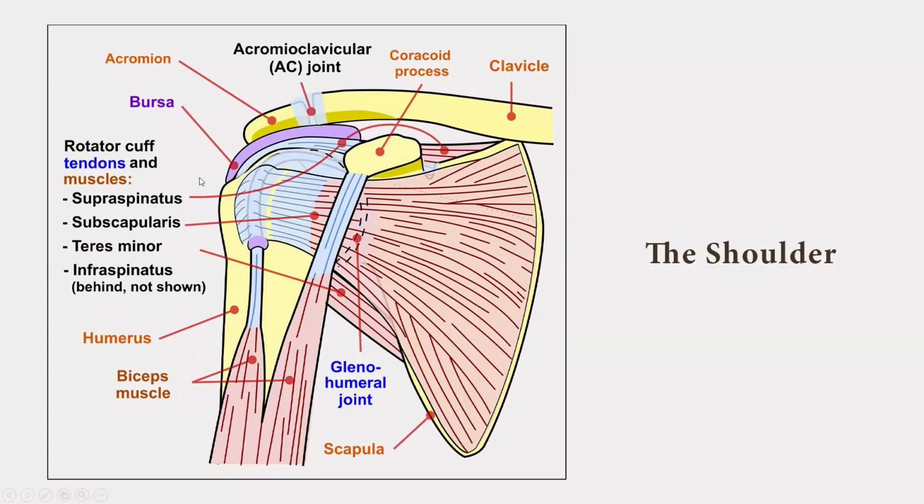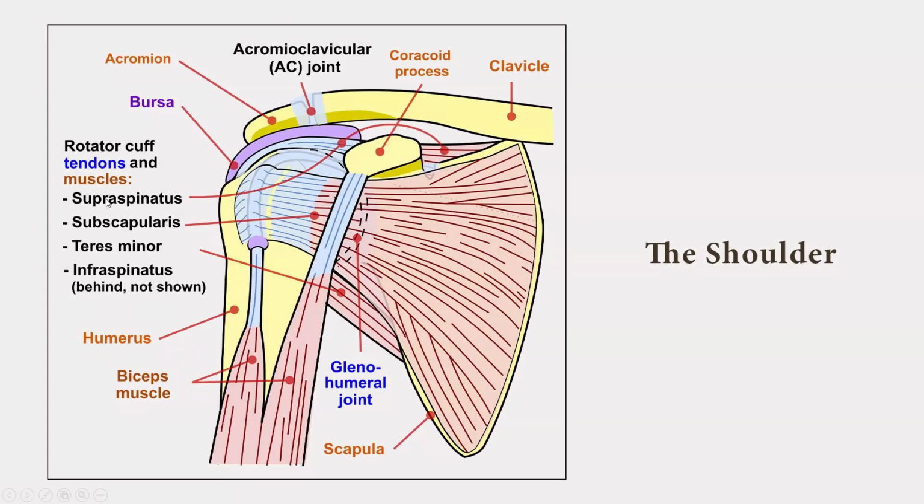At the joint itself, in between, there is cartilage. On top, you have what we call the labrum. And then outside of that, we have 4 muscles and tendons that mostly stabilize the shoulder joint and allow for movement.